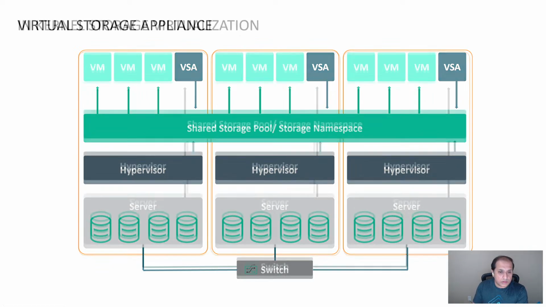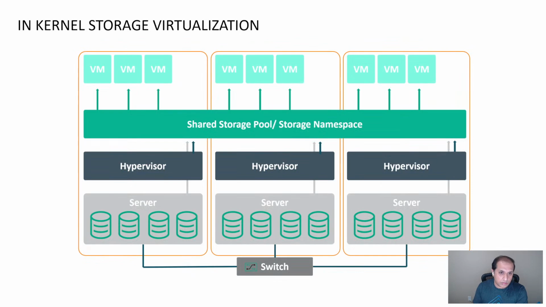Now let's go to kernel storage virtualization. In the case of kernel storage virtualization, we don't have a VSA, but all the IO interception and duplicating of data is usually managed by the hypervisor itself, in this case VMware ESXi. So we still have the same principle.